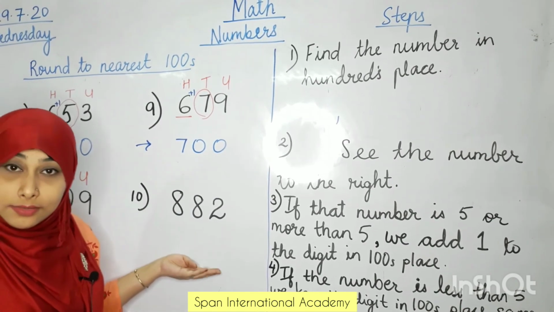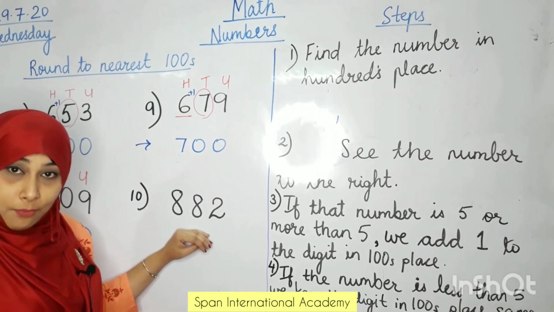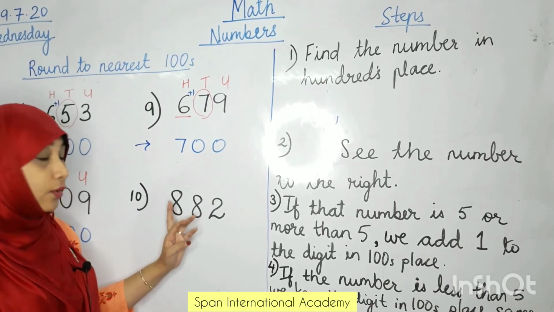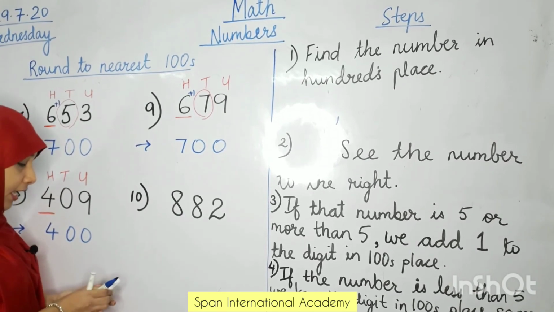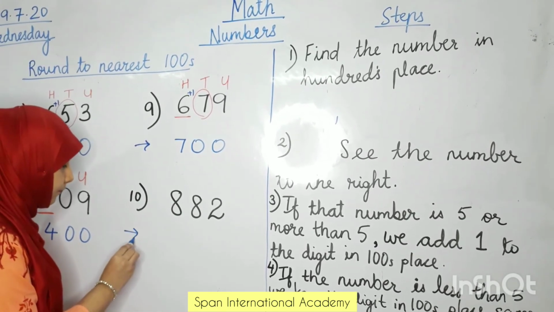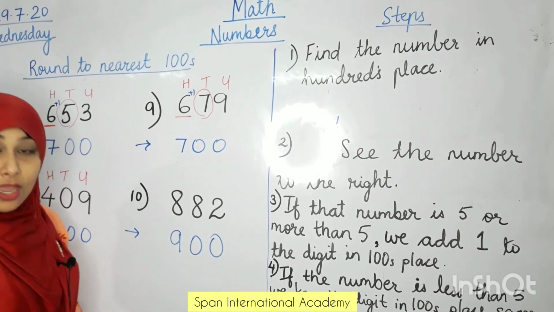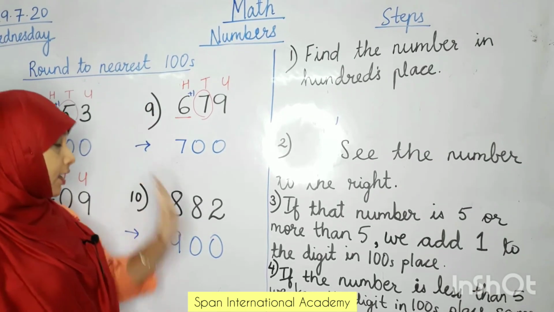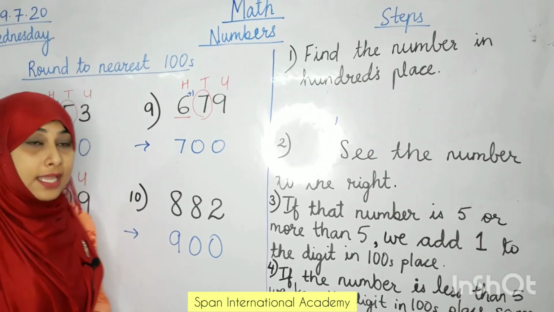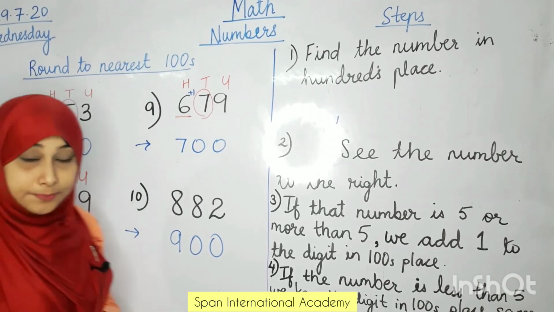So when my number is more than 5, I will add 1 to the number in the hundreds place. And then I get the answer as 900. That means when you round 882 to the nearest hundreds, we get the answer as 900.